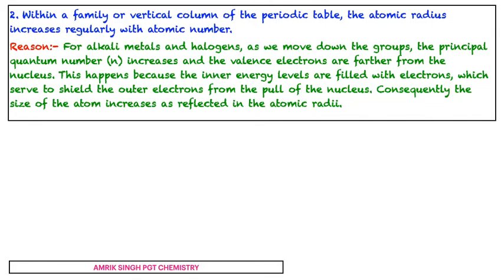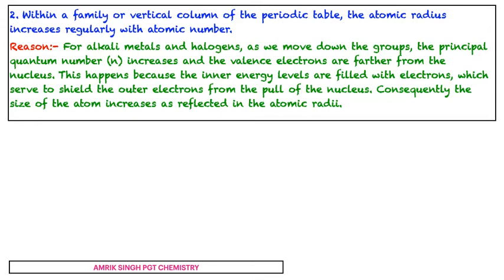This happens because the inner energy levels are filled with electrons, which serve to shield the outer electrons from the pull of the nucleus. Shielding is increasing down the group. Consequently, the size increases as reflected in the atomic radii.